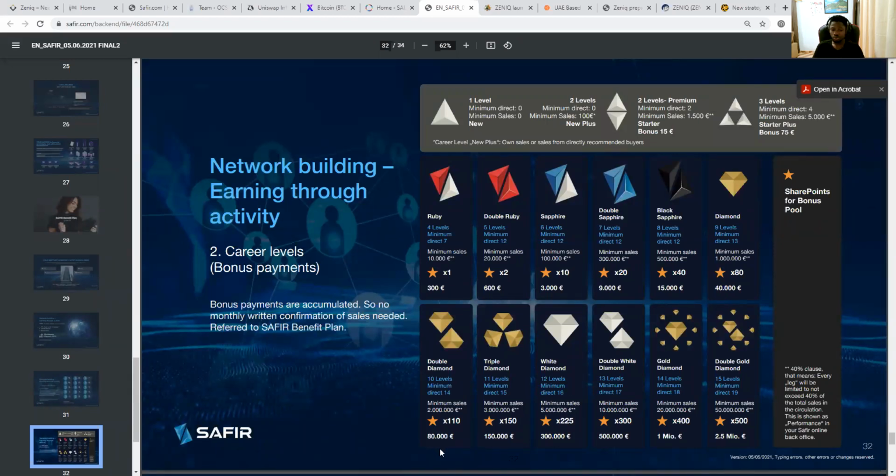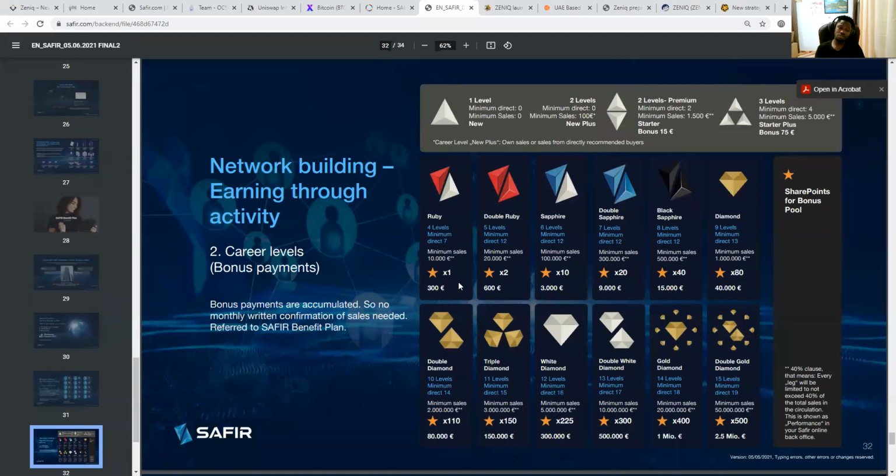Should you hit double diamond, it's 80,000. Should you hit double gold diamond, it is 2.5 million euros instantly. So someone who is into multi-level business can decide to take this up as a business and make extra income aside from the token being minted, with or without your active involvement.